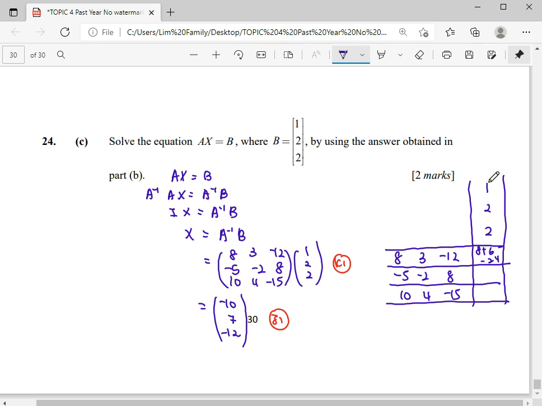So continue negative 5, then negative 4, then plus 16. So I might make this bigger so that I have space to write it. So make it a bigger column. So -5, -4 plus 16. You'll get 7.